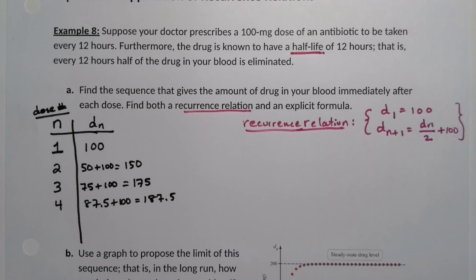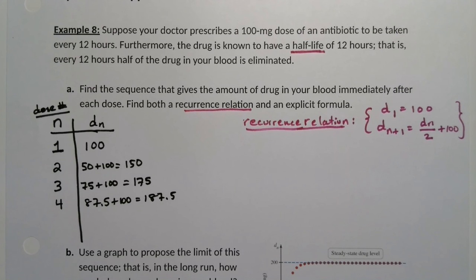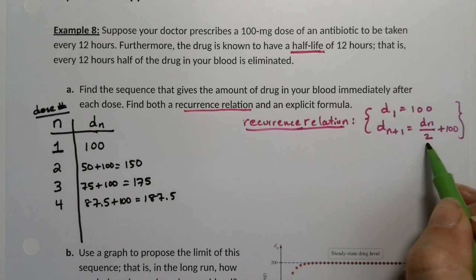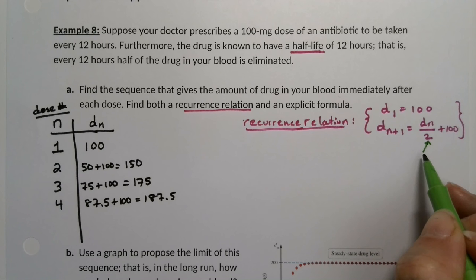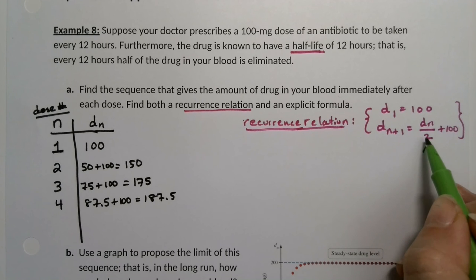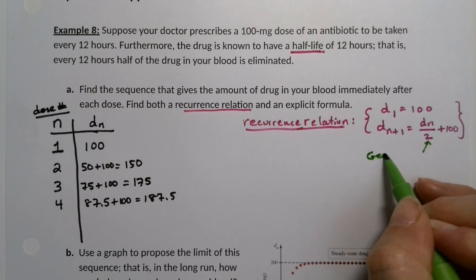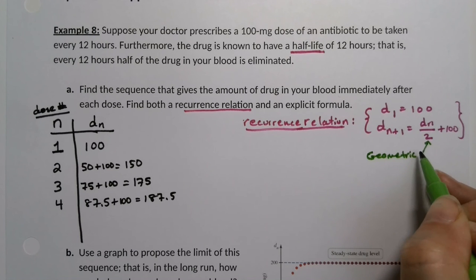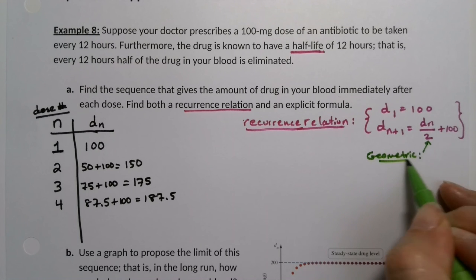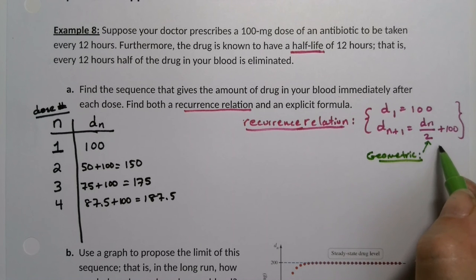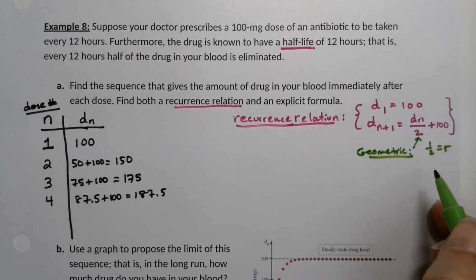The harder bit to see is the explicit relationship. Remember that if we're multiplying or dividing by the same amount every time in the recurrence relation, that means that this is geometric. And because we're multiplying by a half, that will be the ratio, which will be the base of our geometric sequence.